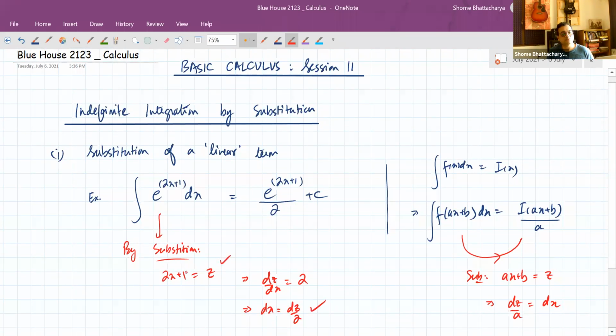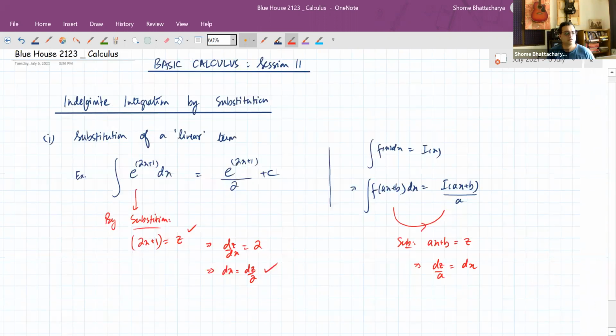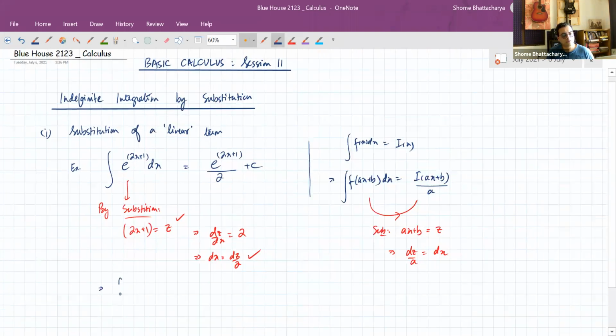So this thing and this thing would be substituted in the integral, and the above integral would then reduce to something simpler. So e raised power 2x plus 1 dx would reduce to e raised power z, but dx is replaced with dz by 2.